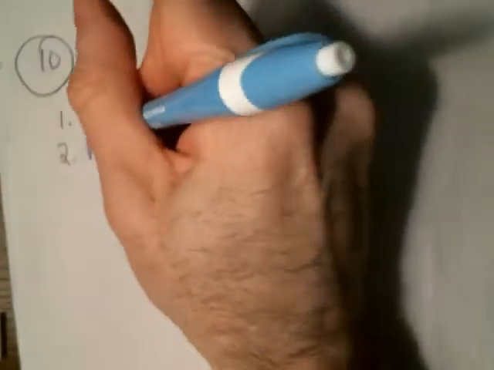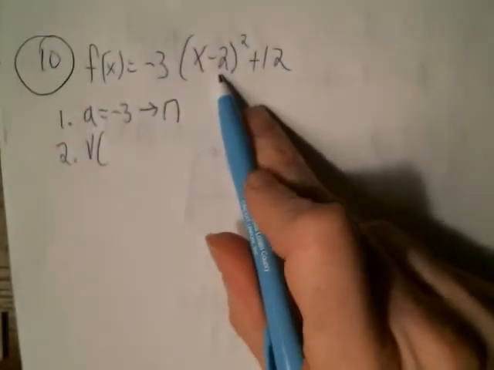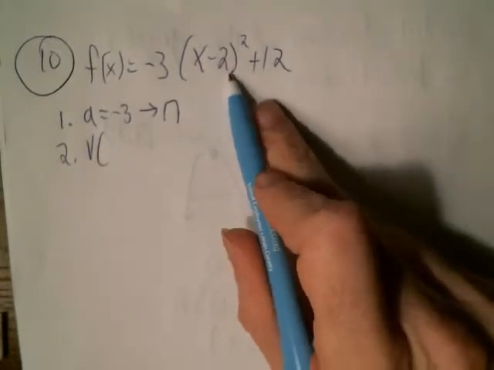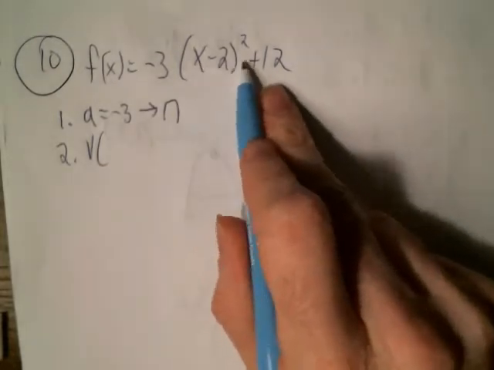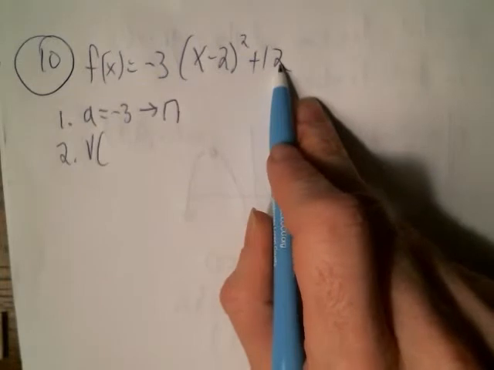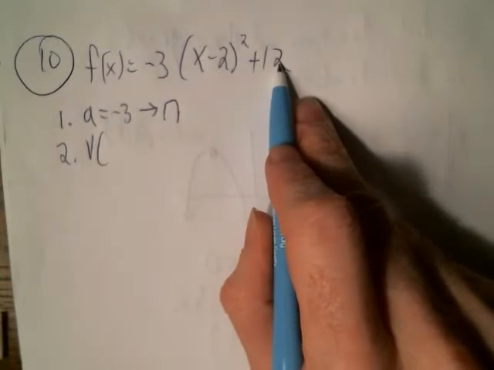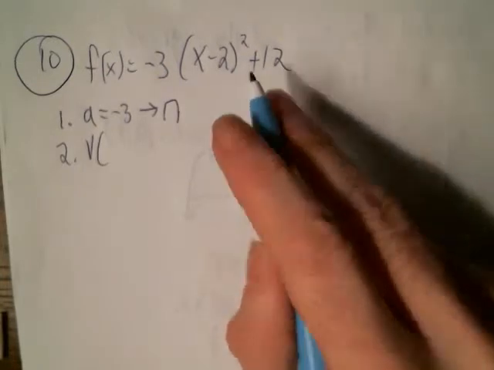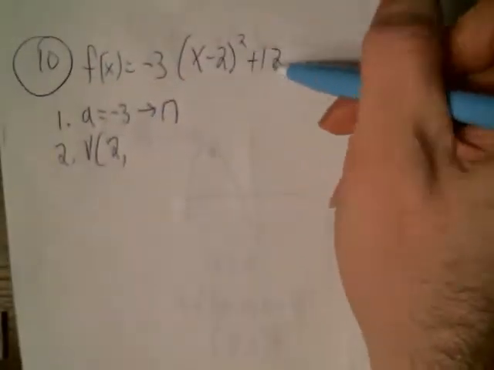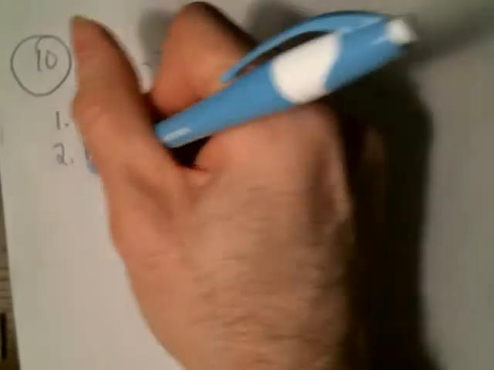Secondly, the vertex is going to be the same as this, comma this. Sometimes you have to worry about the signs. If this had been x plus 2, your x-coordinate would have been negative 2. If this had been minus 12, your y-coordinate would have been minus 12. So you have to be a little careful with the signs. In this case, you just take it as is, 2 comma 12.